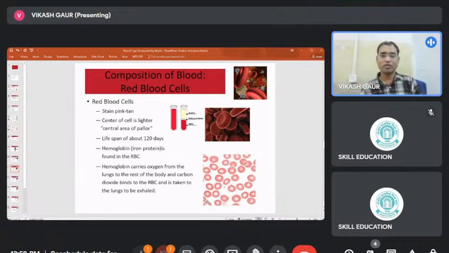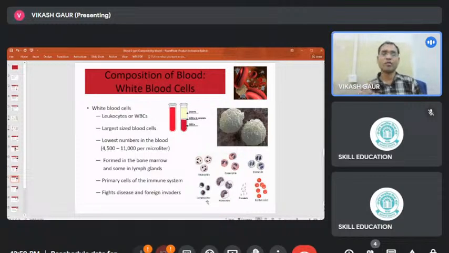carbaminohemoglobin. Second, the white blood cells, also called leukocytes or WBCs. These are the largest blood cells with the lowest numbers, about 4,000 to 11,000 per microliter.